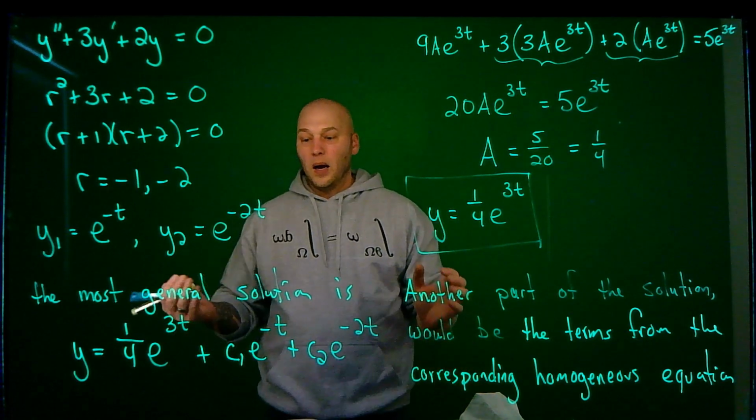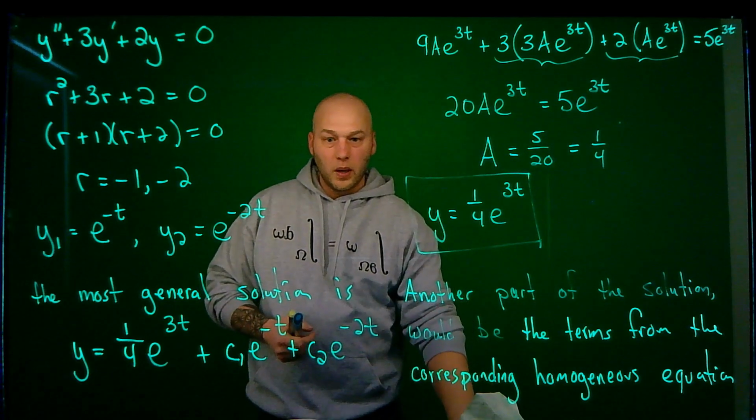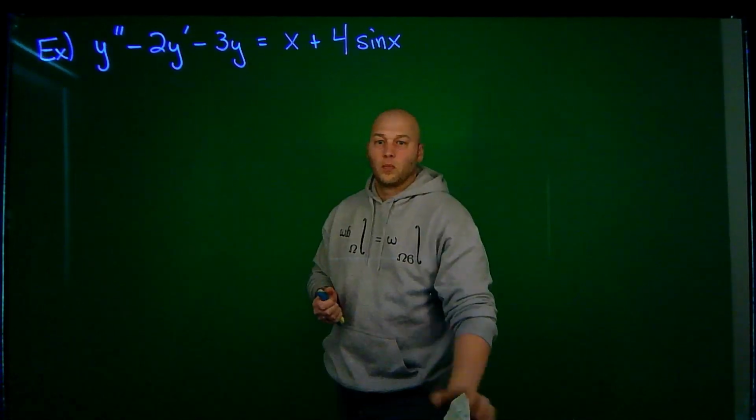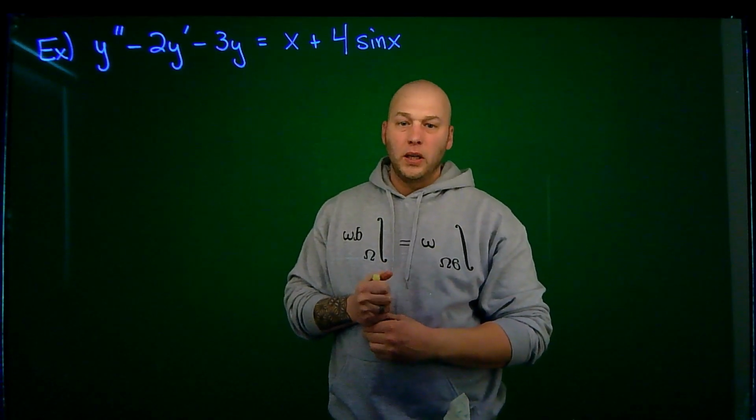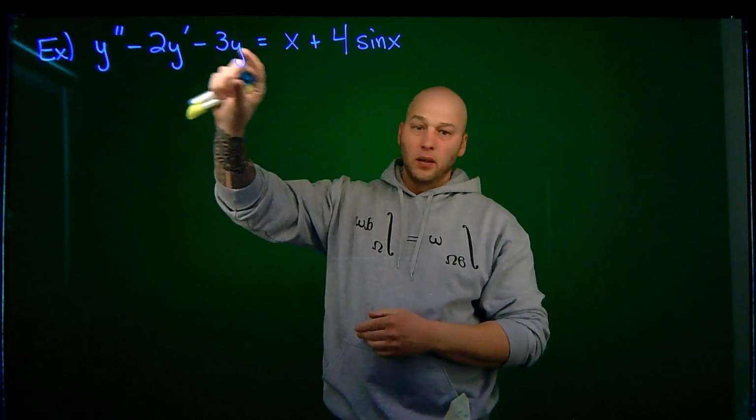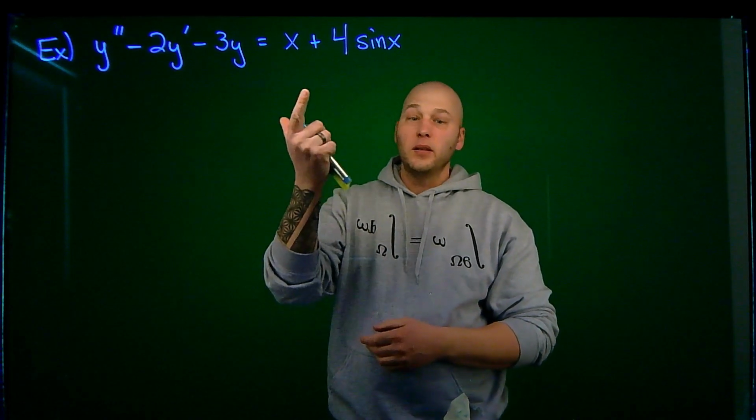Now, let's start one more example. Here's another non-homogeneous equation, again, linear second order, and this is equal to x plus 4 sine of x.